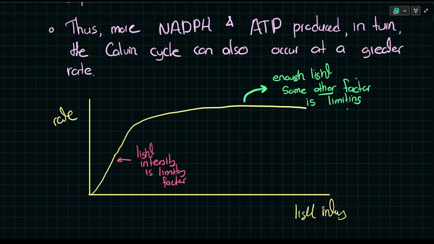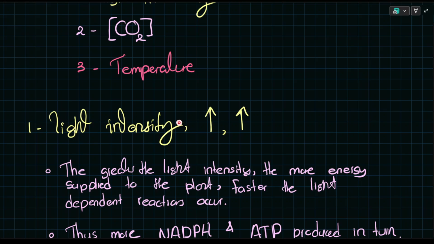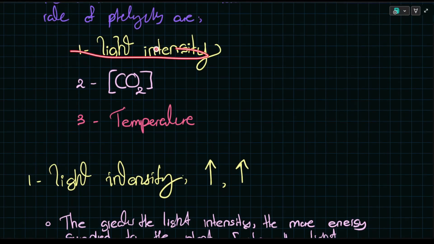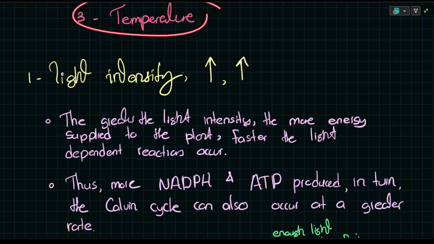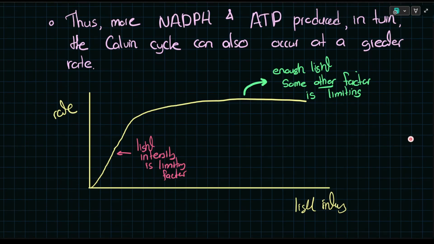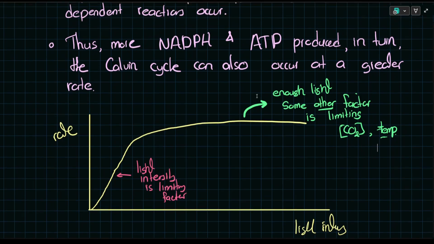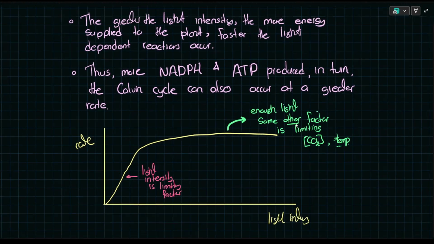What are the possibilities? We only have 3 factors. Light intensity is not limiting at that point, so what can possibly be limiting? It's either CO2 or temperature. Those are the other factors that might be limiting around this area.